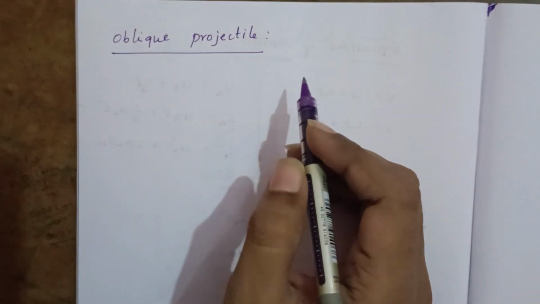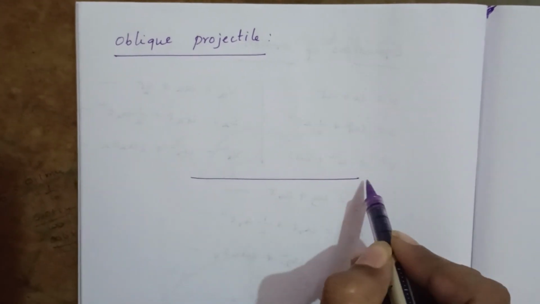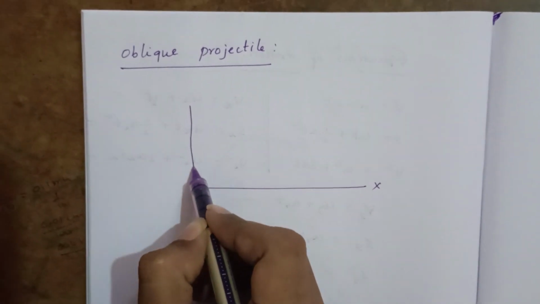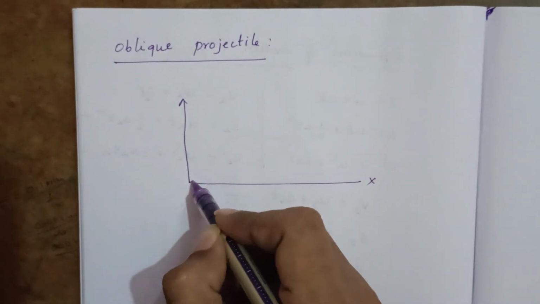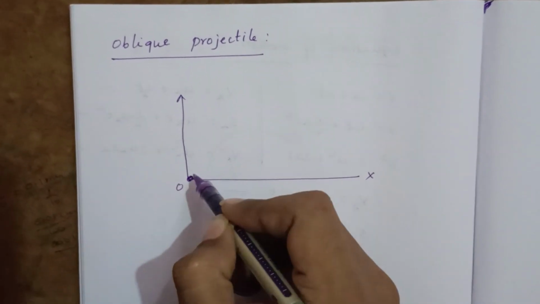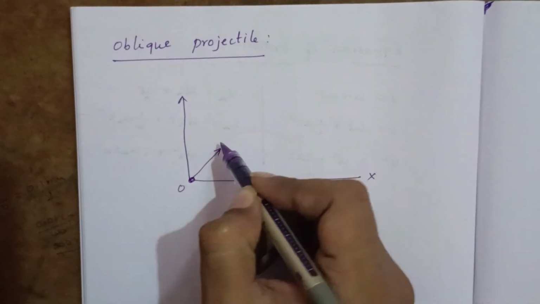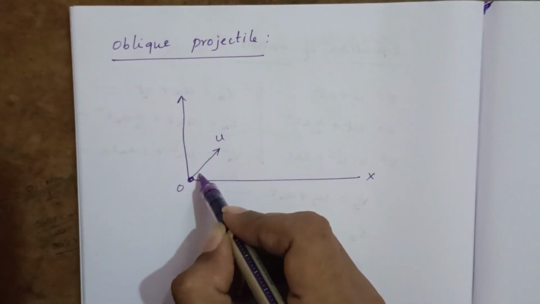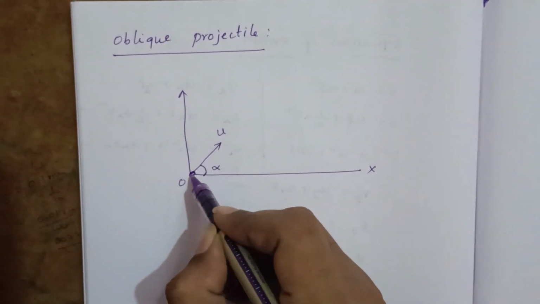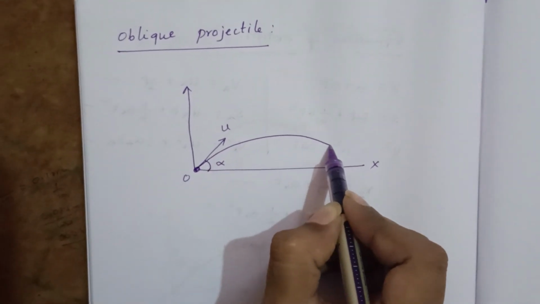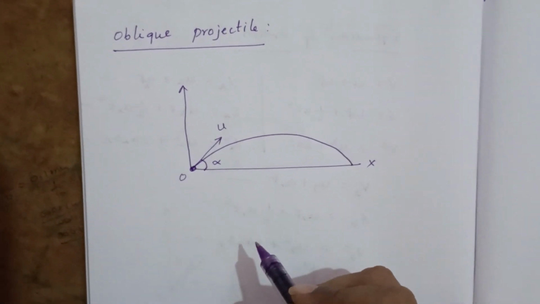Now oblique projectile. Now it is an x-axis, y-axis. If an object at point O is projected with initial velocity u by making an angle alpha with the horizontal surface, it will move in a parabolic path.